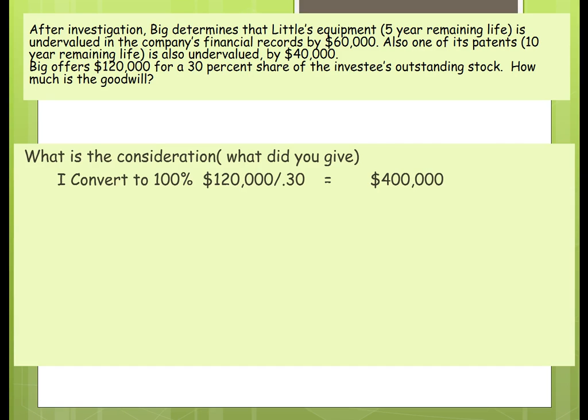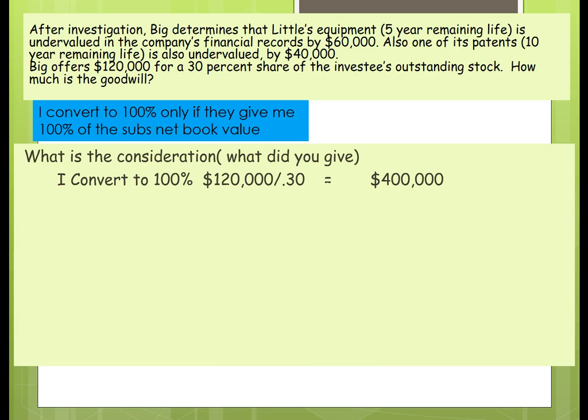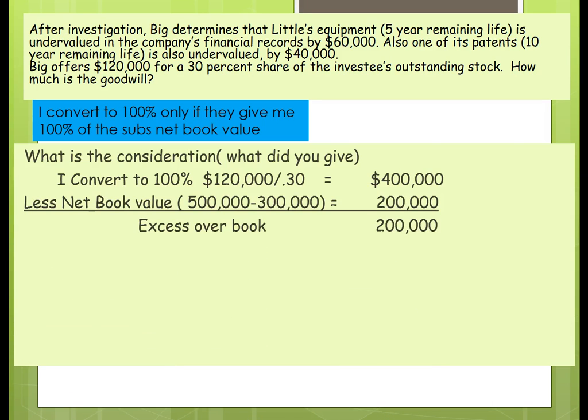So in this case, I would take the $120,000 investment divided by 30%. And again, this is only when they give me 100% of the sub's values. I then subtract the net book value and I get my excess over book.